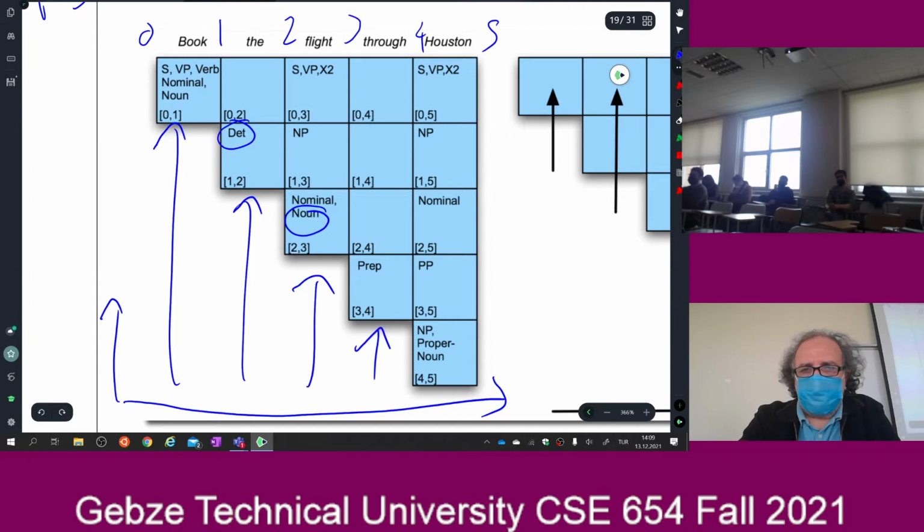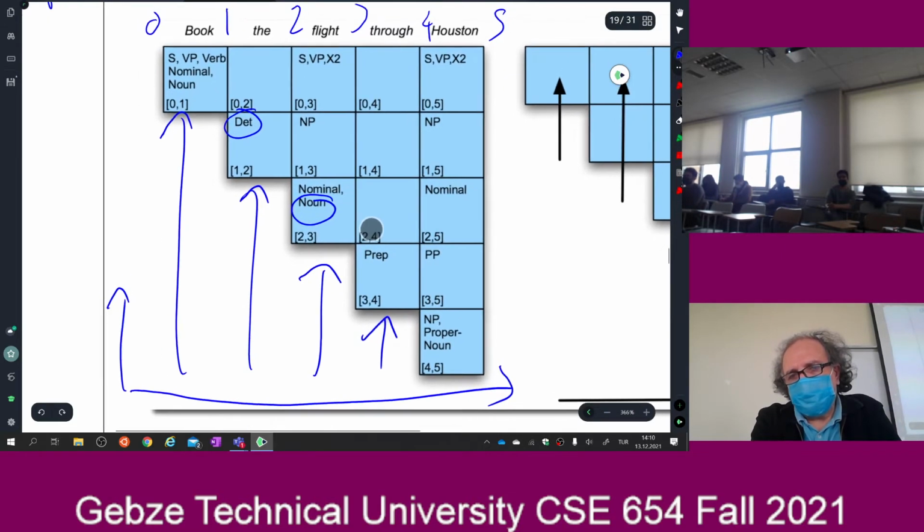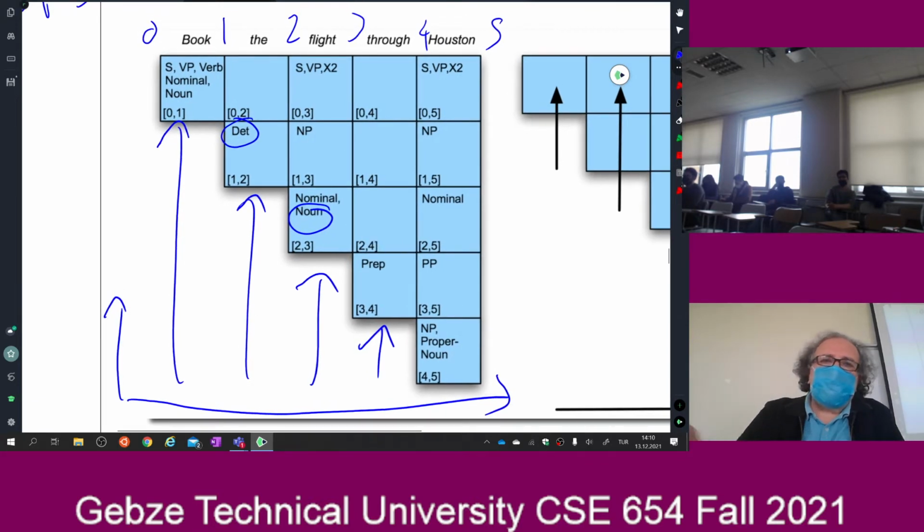How about 2, 5? 2 to 3, 3 to 5: nominal and prepositional phrase. Yes, that's a nominal. Okay, how about this one? This one will not work because this is empty. And doing the same thing here again, I will come to this one.